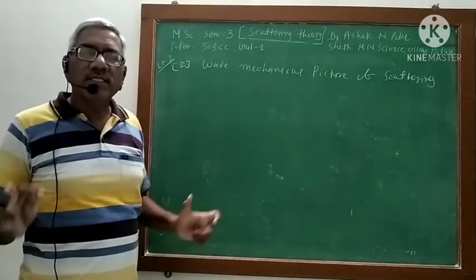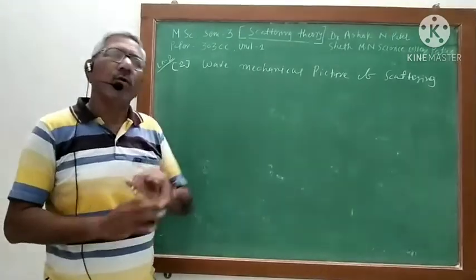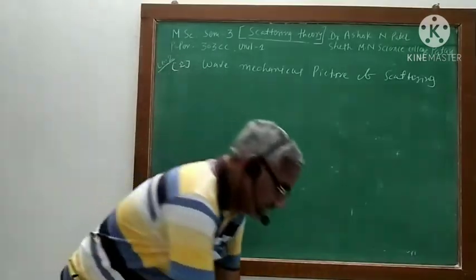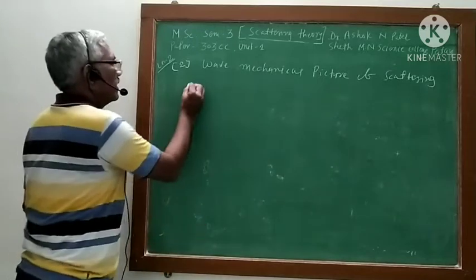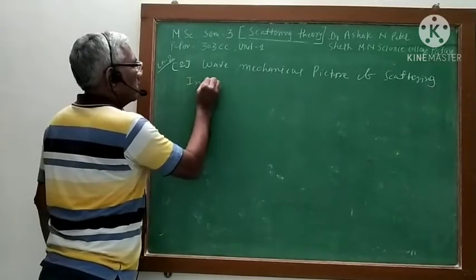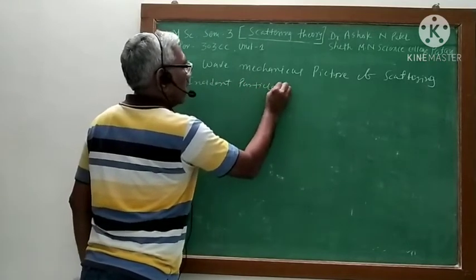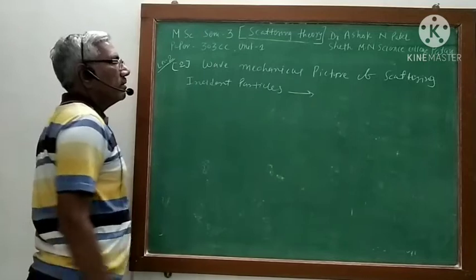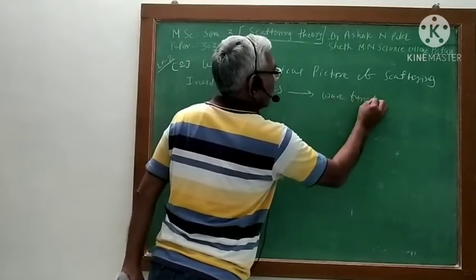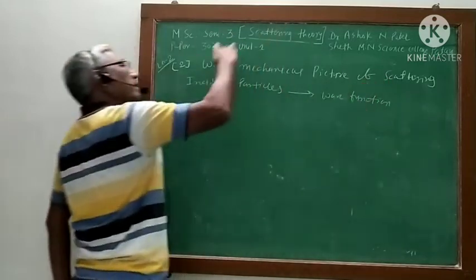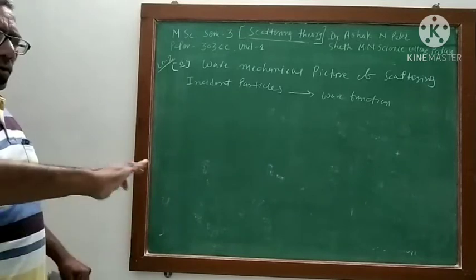So in the quantum concept, the incident particles or objects are represented by waves or wave functions. So incident particles are considered as a wave function in the wave mechanical picture.